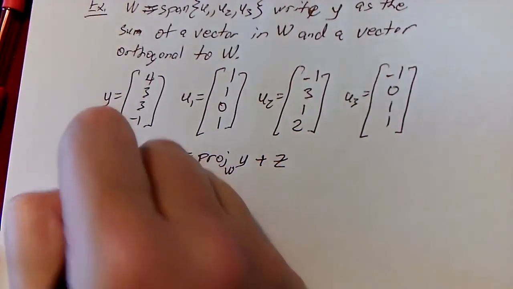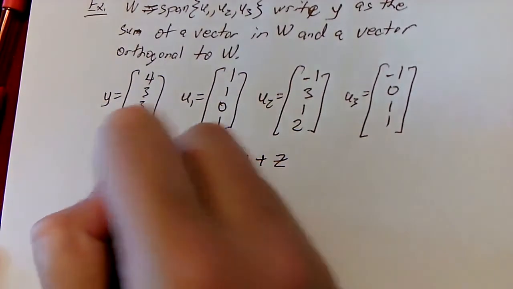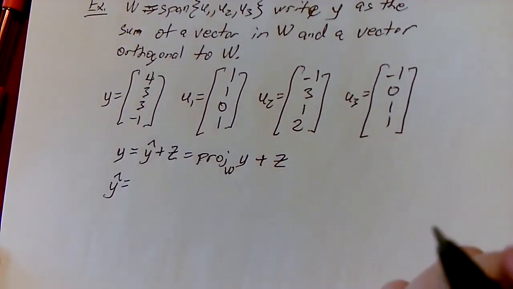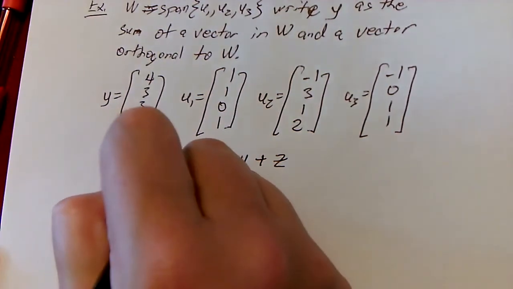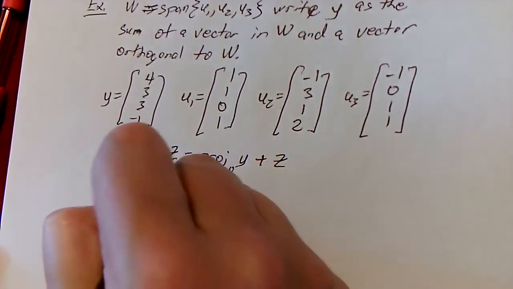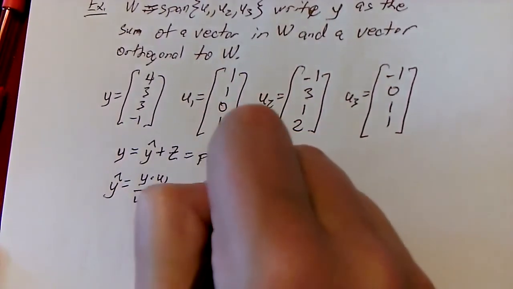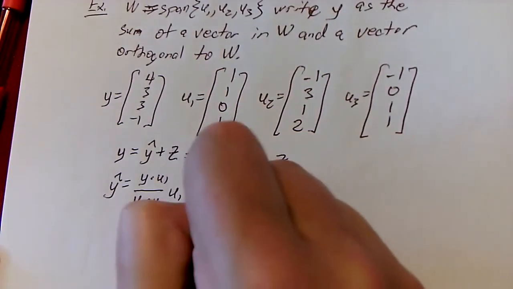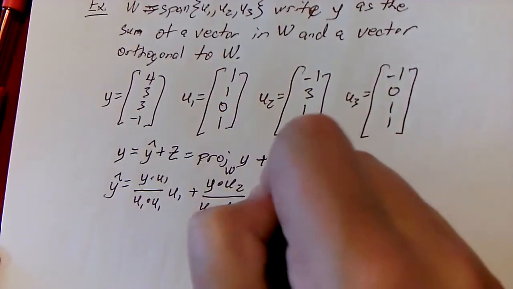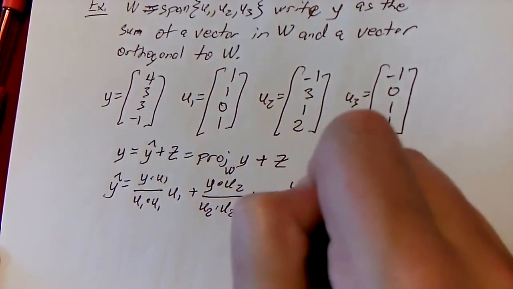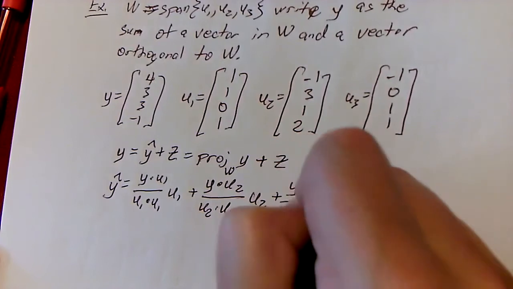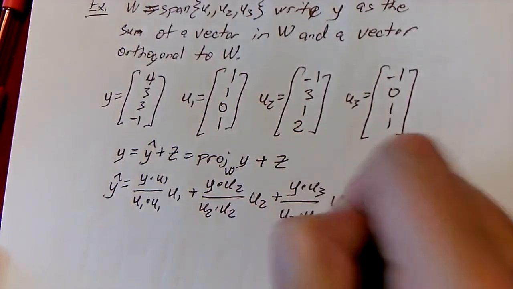Okay, so for y hat, I'm going to need the projection of y onto W. So I'm going to do y dot u1 over u1 dot u1 times u1. Same thing for u2: y dot u2, u2 dot u2 times u2, and y dot u3, u3 dot u3 times u3.